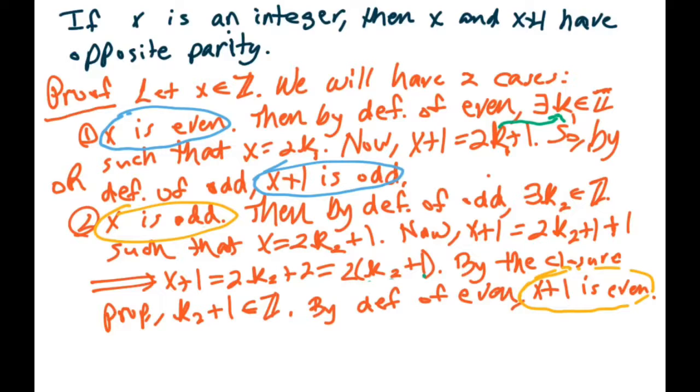And so even and odd, those are opposite parity. And so we're basically done, except for just to write our final conclusion, which is always a good thing to do. All right, and so we'll say, therefore, x and x plus 1 have opposite parity.